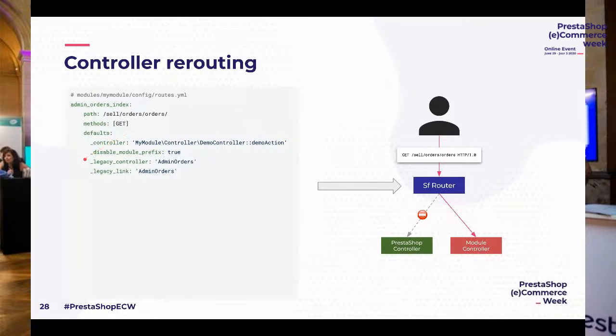And you use this little new property as well, which is called disable module prefix, because by default, all routes configured by modules are prefixed with the module name. So using this new property, you can disable that and start your route at the root.